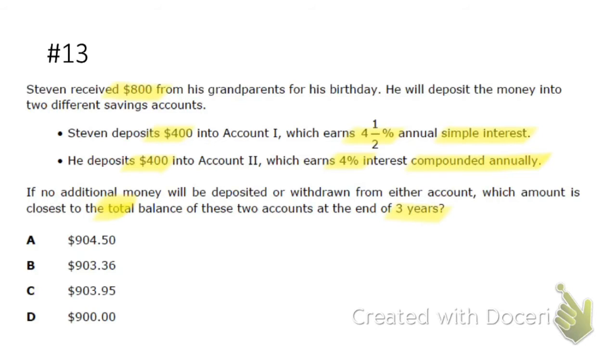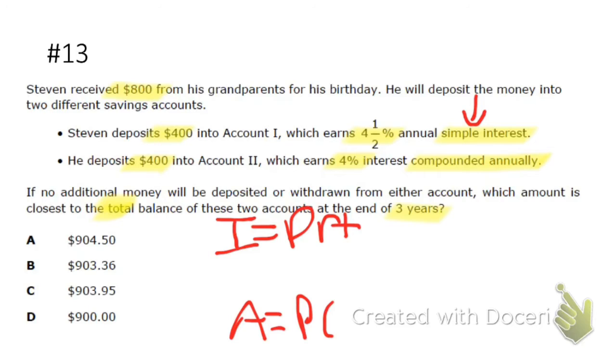So what we're going to do here is we have two formulas. We're going to use I equals PRT. That's going to represent my simple interest. Next one we're going to use is A equals P times (1 plus r) to the t. The reason why I have written those out is to help me remember. When I plug everything in, I'm going to put my principal, which is going to be 400. I got that from here.